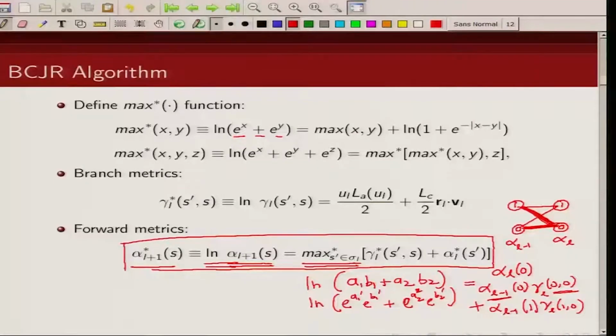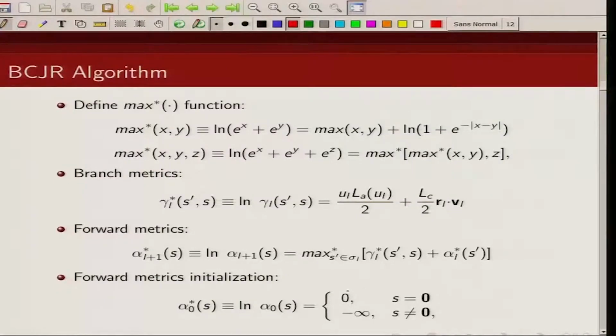Now recall, how did we initialize the alphas when we were working in the probability domain? We said that the encoder starts from the all-zero state. So at time 0 it will be in the all-zero state. The probability of it being in the all-zero state at time 0 is 1, and for all others it's 0.